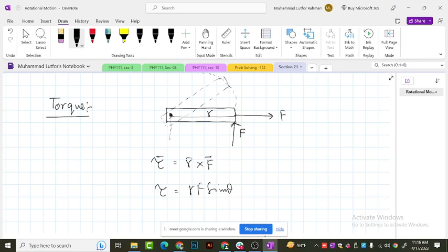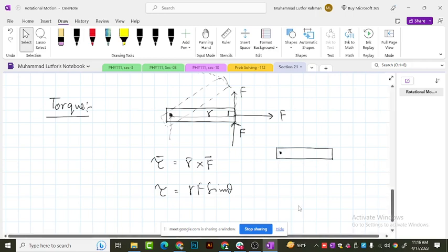So that means this would be the angle between your force and your displacement, which we sometimes call the lever arm. So this is the arm, and this will be the angle over here. Sometimes you will find the situation where, instead of applying the force in the perpendicular direction, I apply it making some angle.